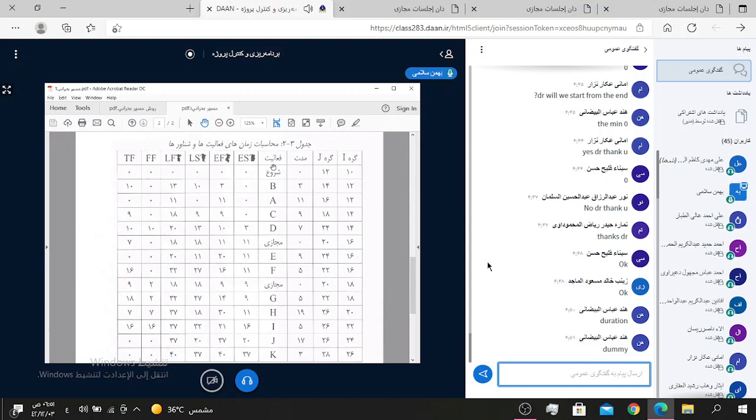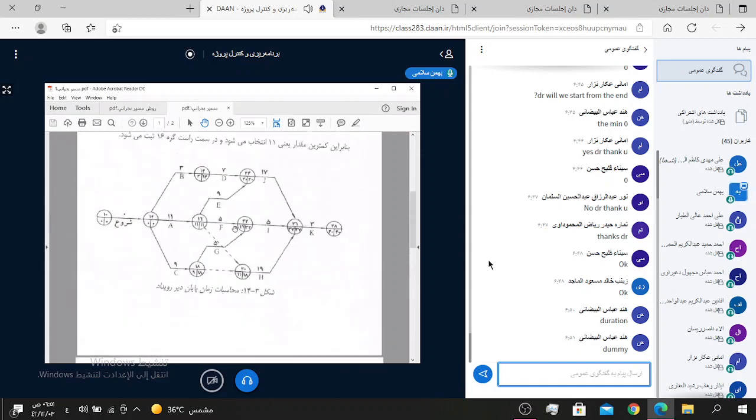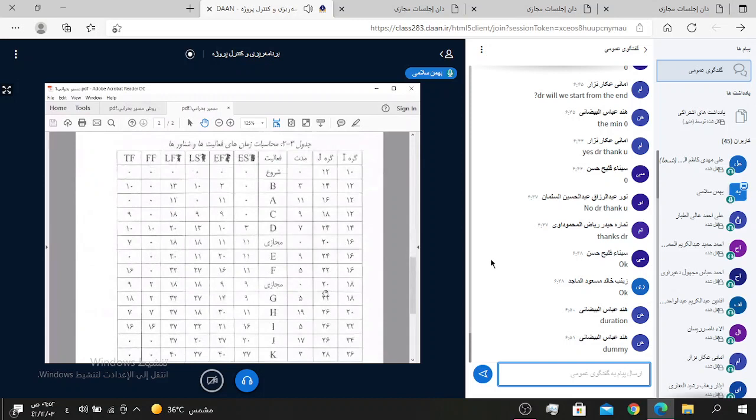As you see, for writing the 4 columns, we use the information or data from the network. We have this data from the network and use it for writing the 4 columns in this table.